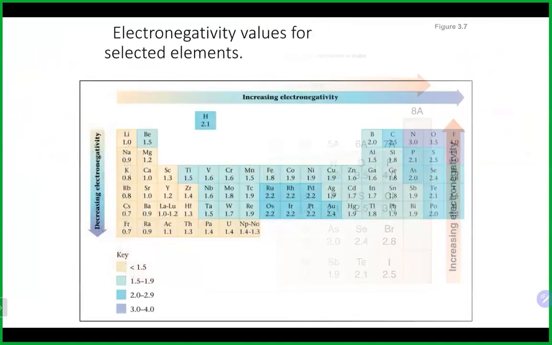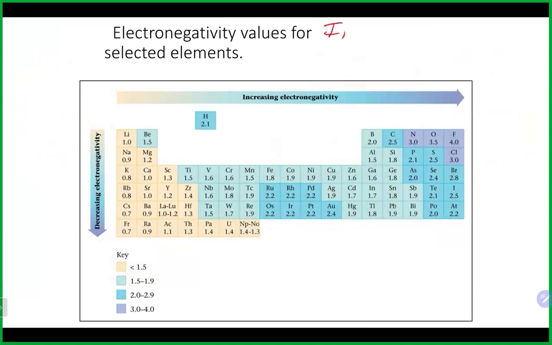All right, so let's try some here. Are the following bonds ionic, polar, or nonpolar? The bond between carbon and oxygen, the bond between sulfur and oxygen, carbon and sulfur, carbon and hydrogen, and lithium and chlorine.